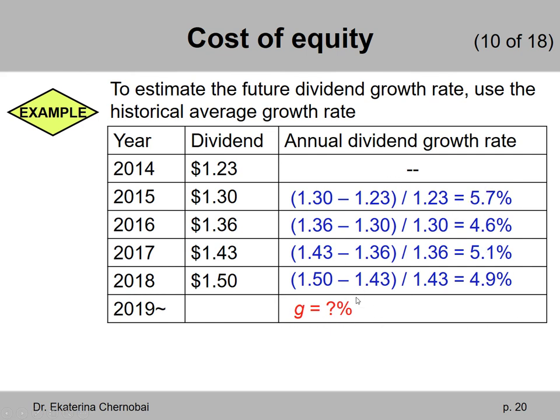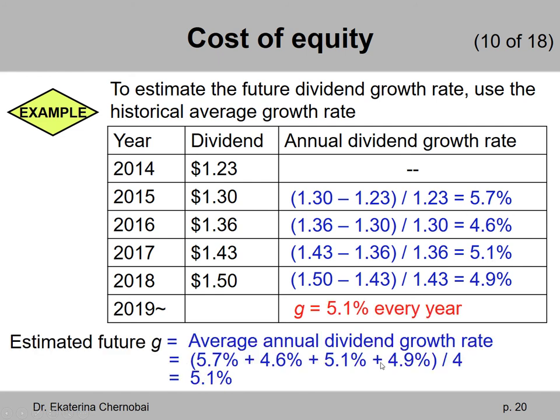So how can we use these historical dividend growth rates for the last 4 years to estimate what we think the growth rate is likely to be in the future, like starting year 2019? Well, maybe we can just take the average of these 4 growth rates. So we take a simple average, 5.7% plus 4.6% plus 5.1% plus 4.9%, and then we divide the sum by 4, which gives us 5.1% estimated growth rate, lowercase g.